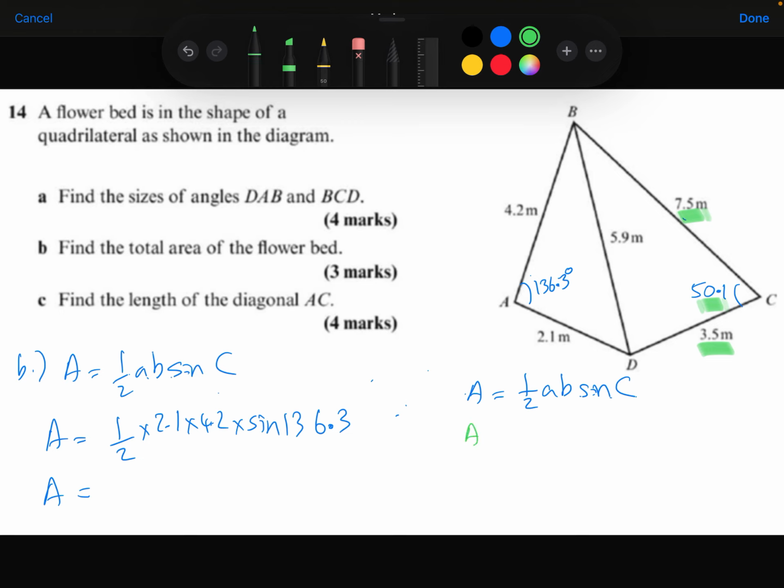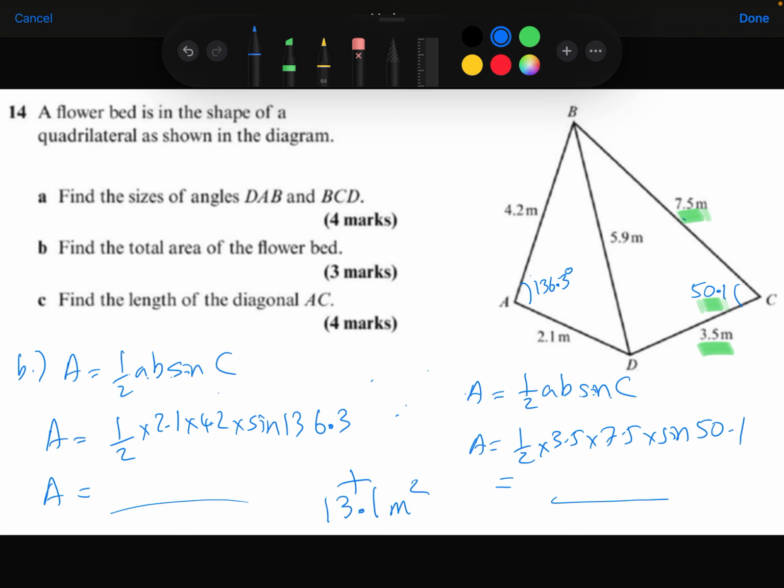So half times 3.5 times 7.5 times sine 50.1. I'd work out that answer there, add my two answers together for the total area of the garden, and I'd get 13.1 meters squared. So that's my answer for part B.